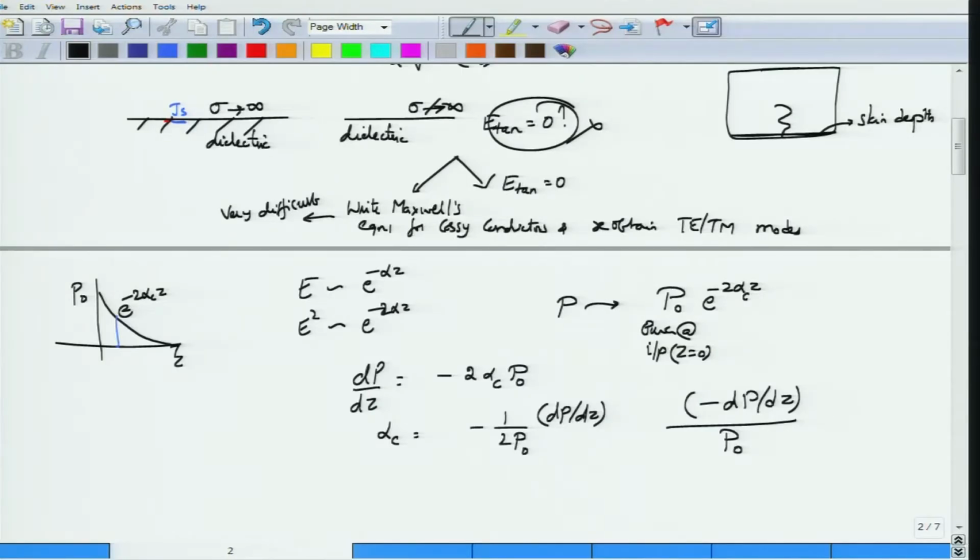So alpha c is equal to half the power lost divided by the power transmitted.